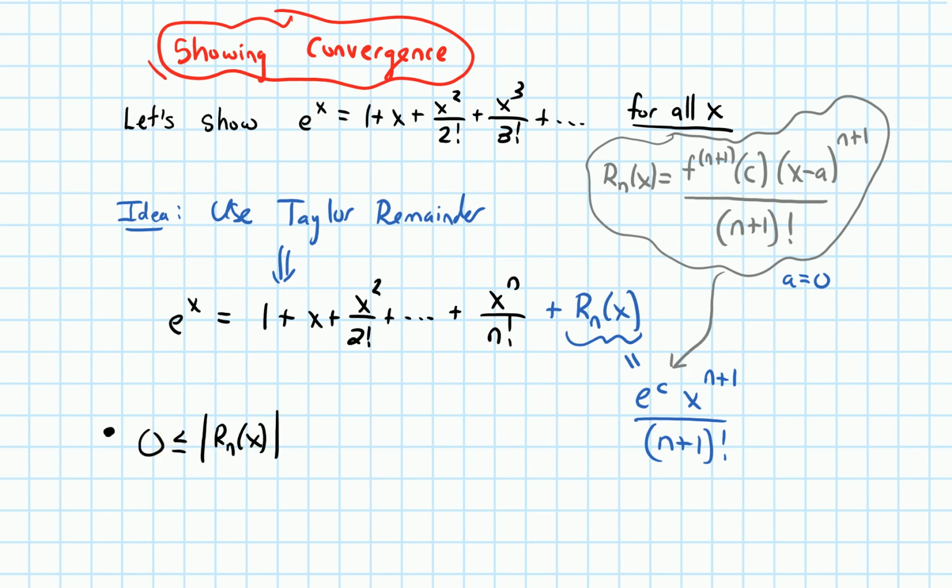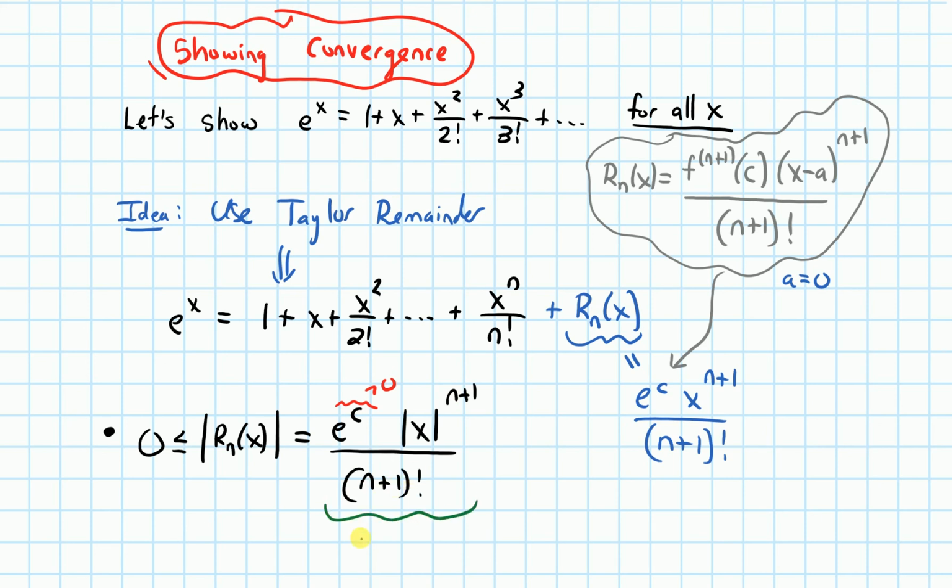It's always non-negative. And if we take the absolute value of Rn of x, we're going to end up with e to the c, and I don't have to write that in an absolute value because e to the c is already greater than 0. But the x, I do. So x, I'll put that in an absolute value and to the n plus 1 power. And the denominator is non-negative, so I don't need an absolute value around that either.